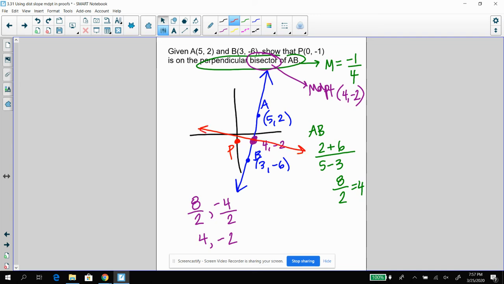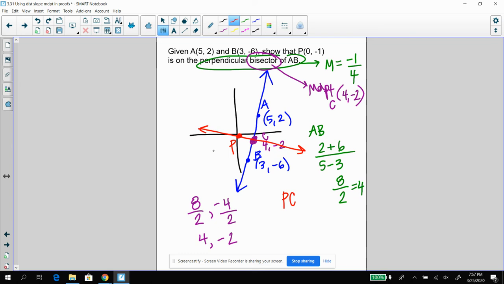So how can I prove that P is on that perpendicular bisector? How can I prove that? So you essentially know that, let's call my midpoint C, my midpoint C. I want to prove that the slope of PC is the opposite reciprocal of the slope of AB.